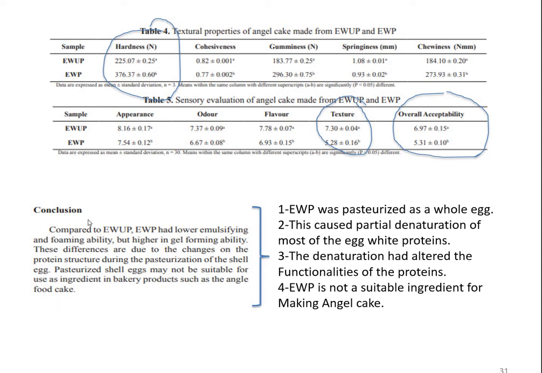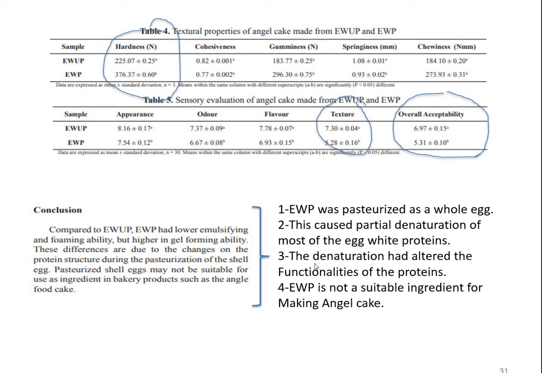So you can read this conclusion later from the paper, but I summarize here. It is easier and more straight to the point. One, EWP was pasteurized as a whole egg, compared to the fresh egg white, which was never pasteurized before. So this causes partial denaturation of most of the egg white proteins in the EWP.